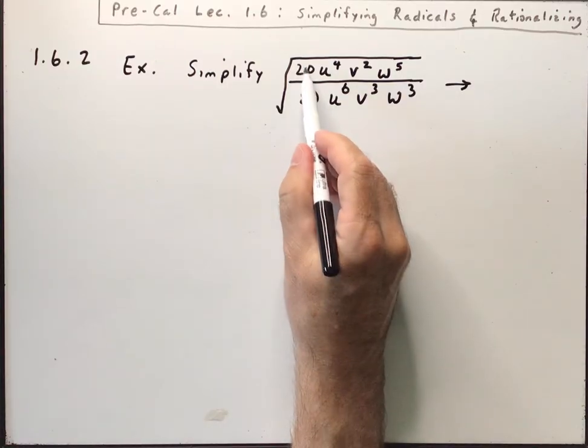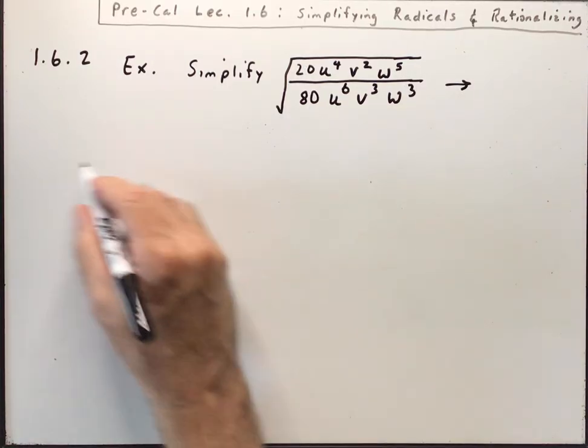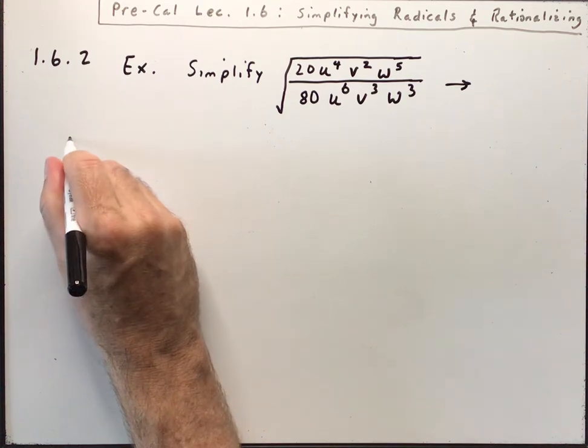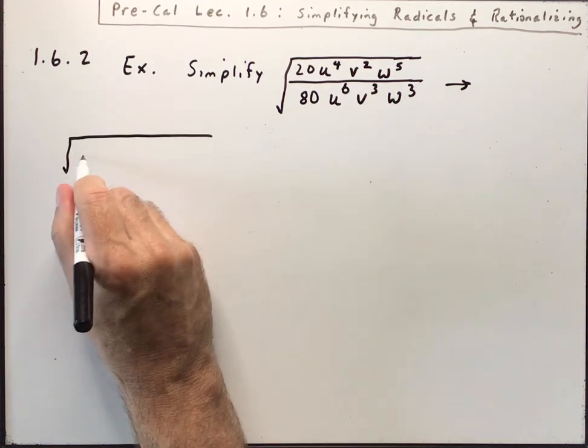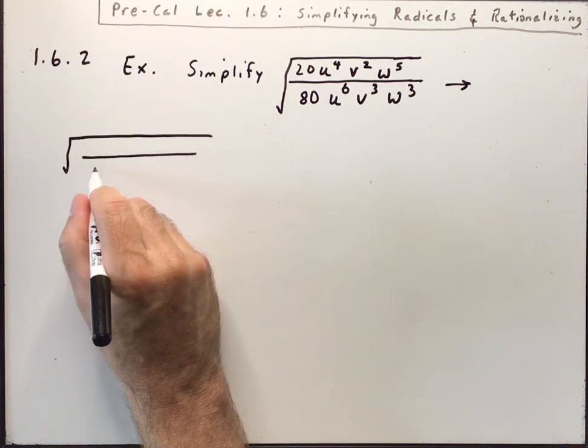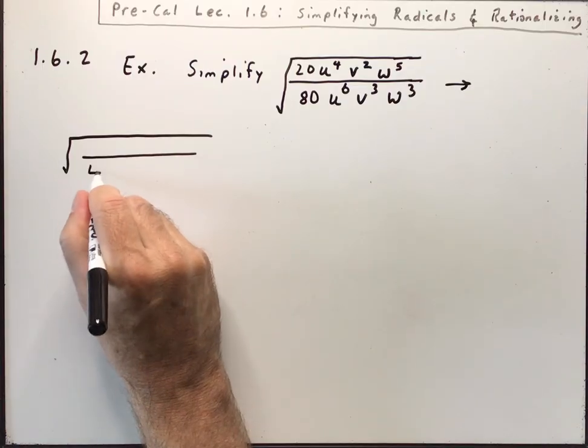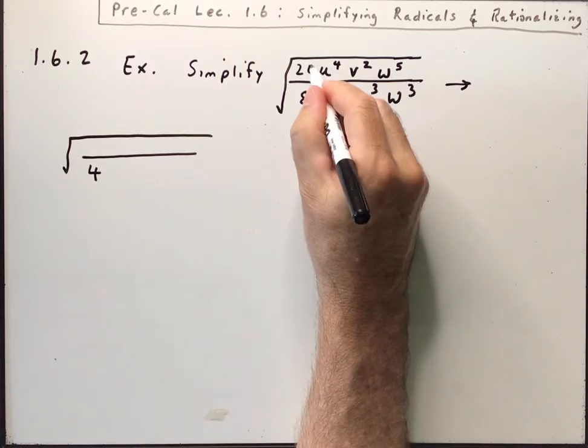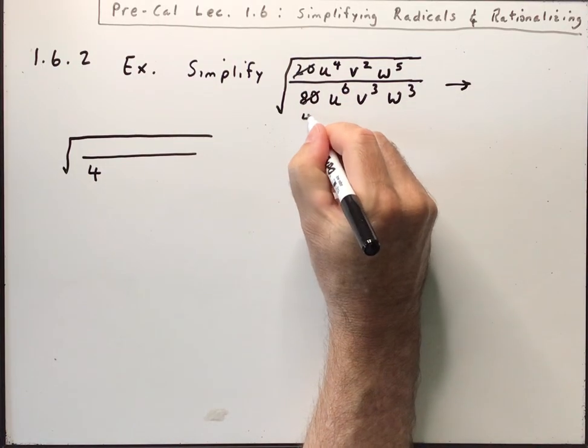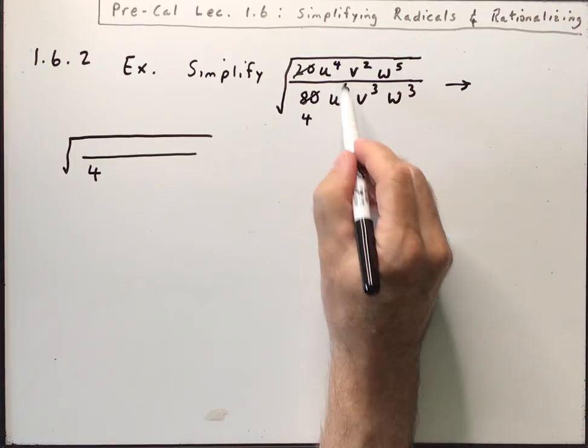Okay, so 20 over 80, that's the same as 1/4. So what we've got left with the constants is a 4 on the bottom. It's 20 over 80, so that'd be a 4. u to the 4th over u to the 6th.